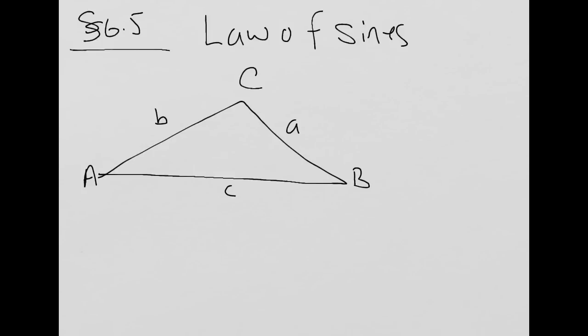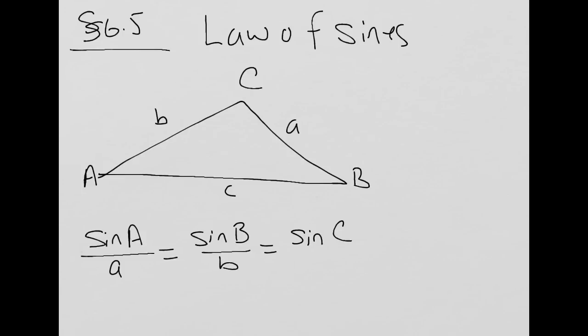There's a nice relationship between these angles and their opposite sides. It turns out sine of angle A divided by its opposite side is equal to sine of angle B divided by its opposite side, which is equal to sine of angle C divided by its opposite side.